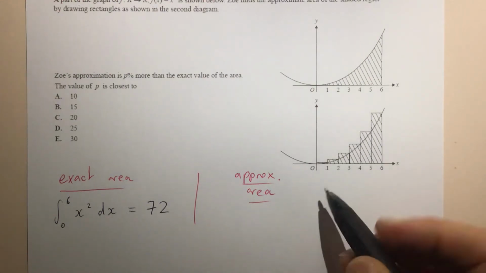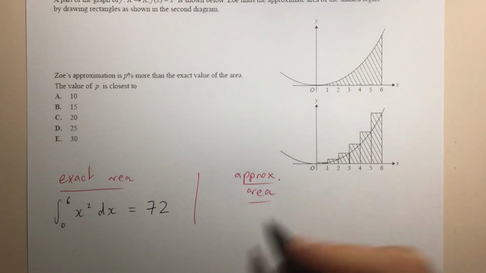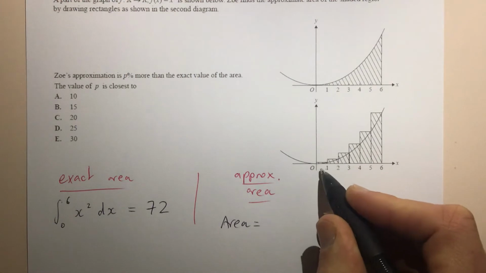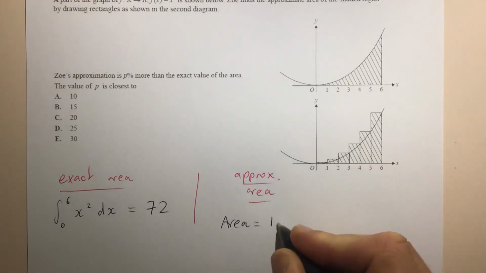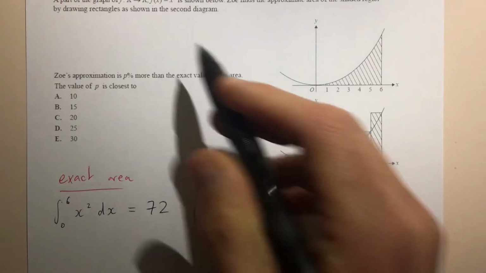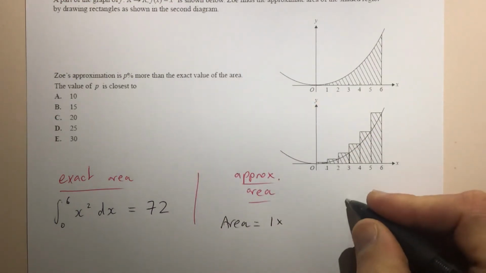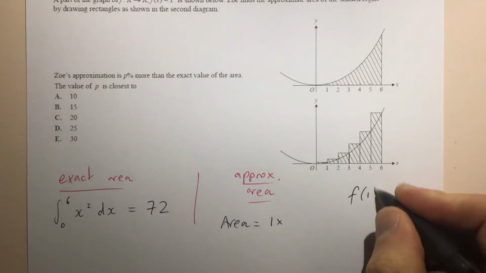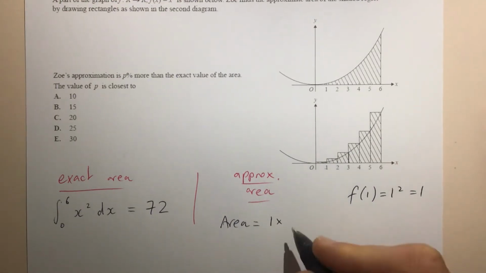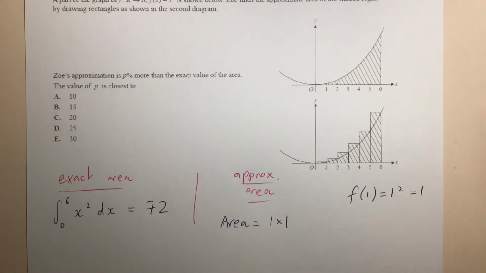So the sum of the rectangles will be, first rectangle obviously has a width of 1, and it's also got a height of 1 because when x equals 1, the function value is 1 squared. So f of 1 just equals 1 squared, which of course is 1. So the first rectangle is going to be 1 times 1.